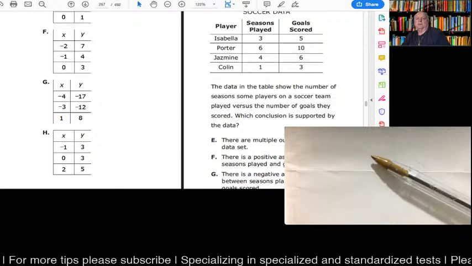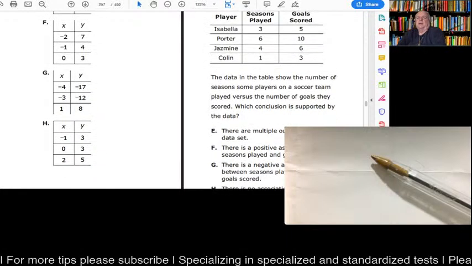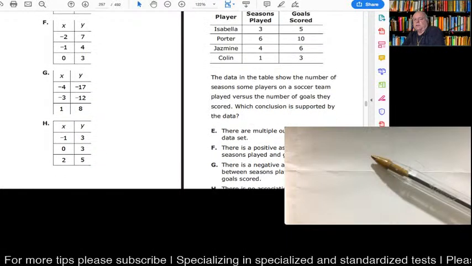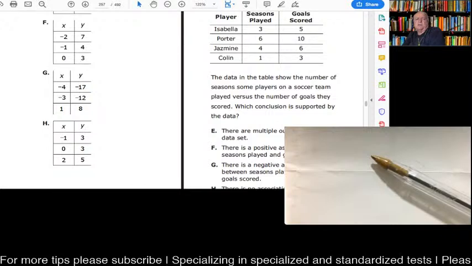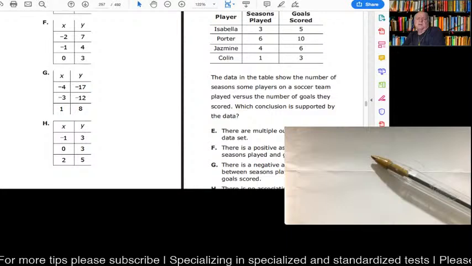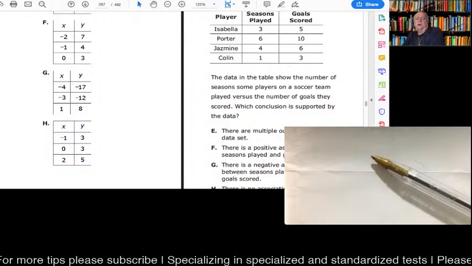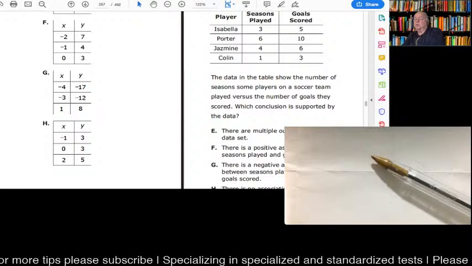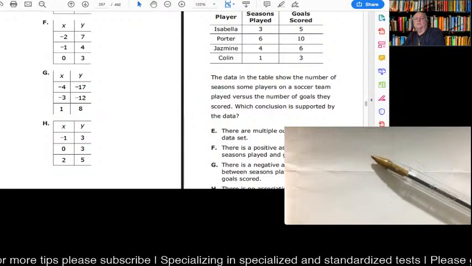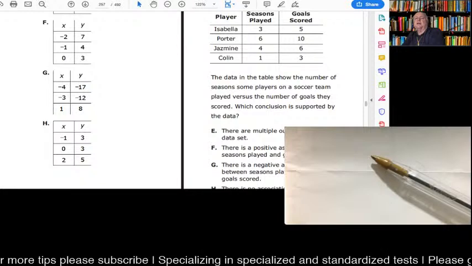Okay, so let's try to scroll this up a little. E, there are multiple outliers in the data. Okay, the number of seasons goes from 1 to 6, so there's nothing too freaky there. The goals scored goes from 3 to 10. There's nothing too weird there.